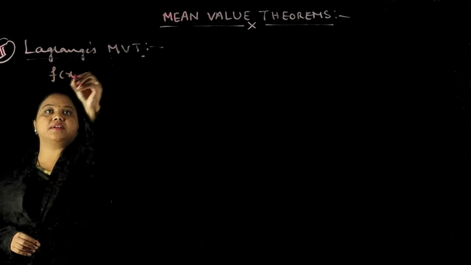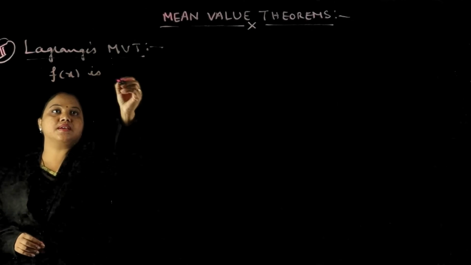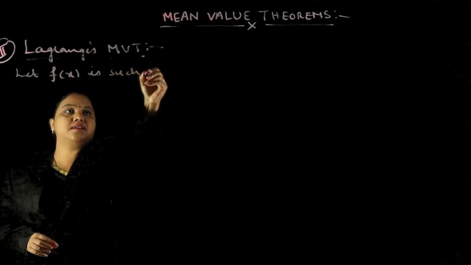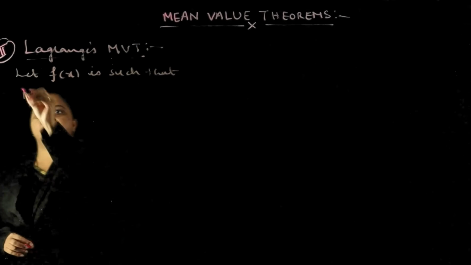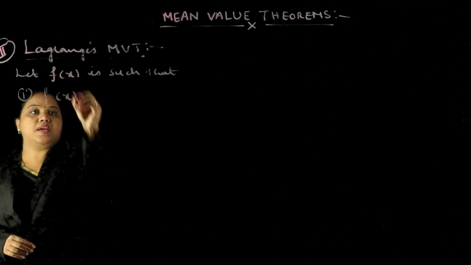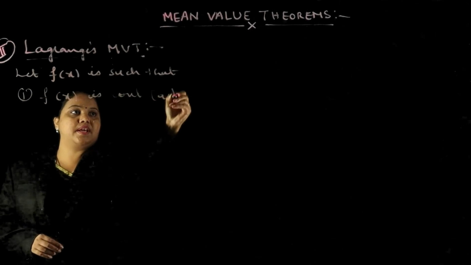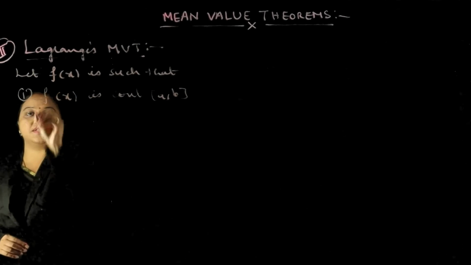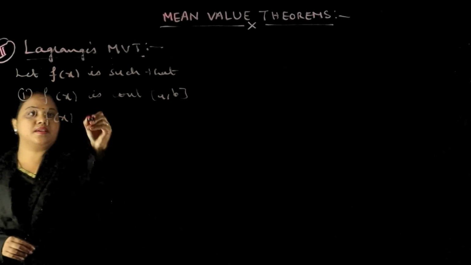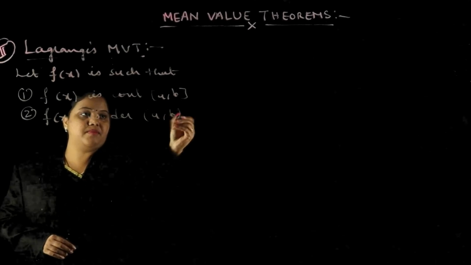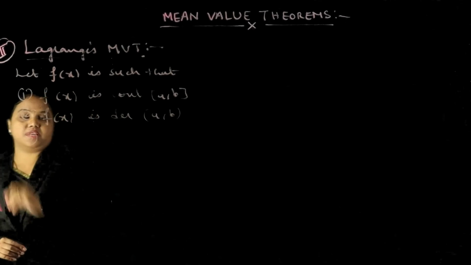So we simply say that let f of x be a function such that first condition is f of x is continuous in the closed interval a comma b, and the second condition is f of x is derivable in the open interval a comma b. The third condition will vary.